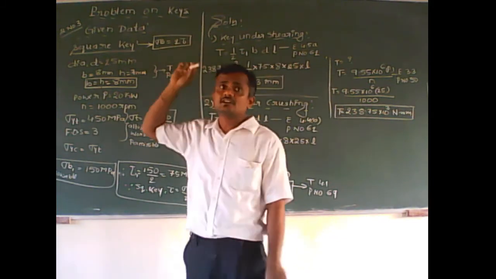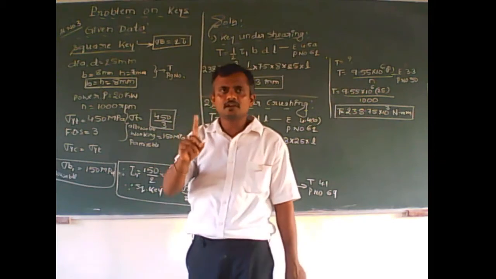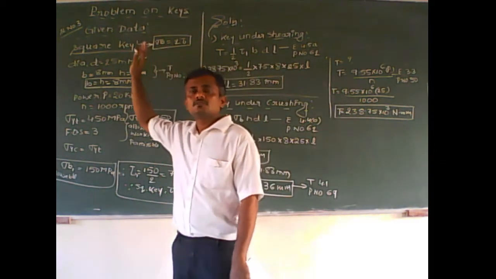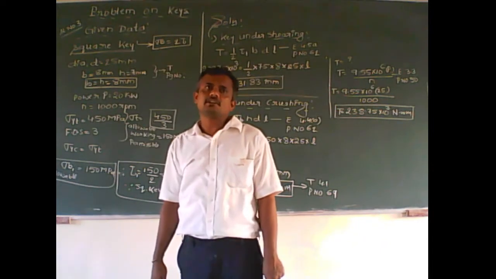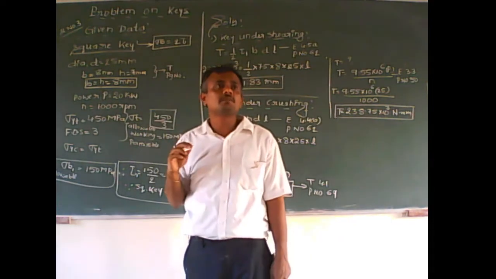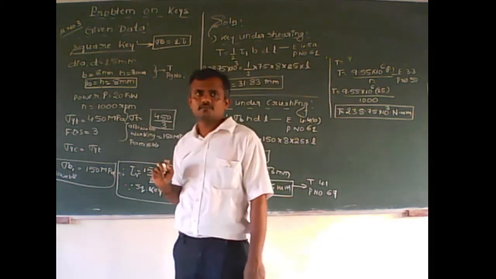Suppose shear stress is 40 mega Newton per meter square, then the crushing stress would be 80. For square keys, we have to take it as double.